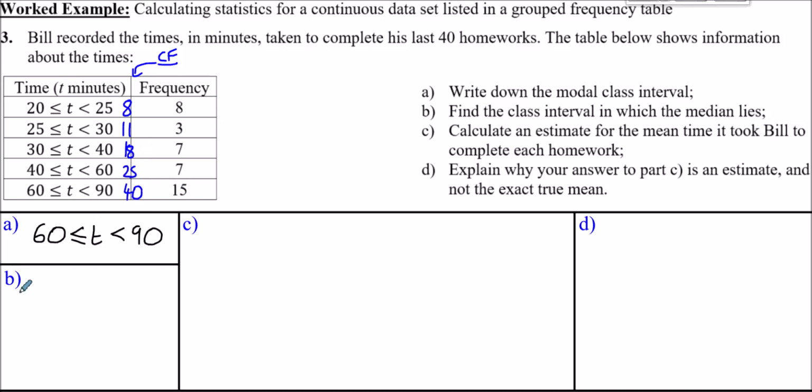So median obviously just means the middle value. So the median is going to be the total number of values, add 1 to it and divide by 2, it'll be that numbered value. So 40 plus 1 is 41, divide by 2 is 20.5. So it's going to be halfway between the 20th and 21st.